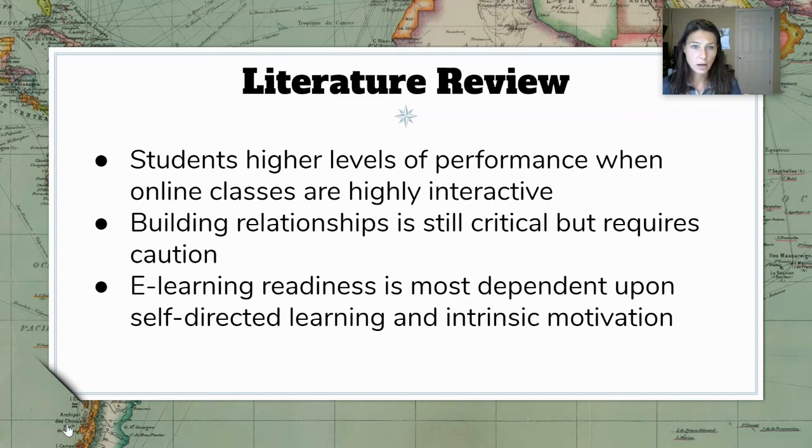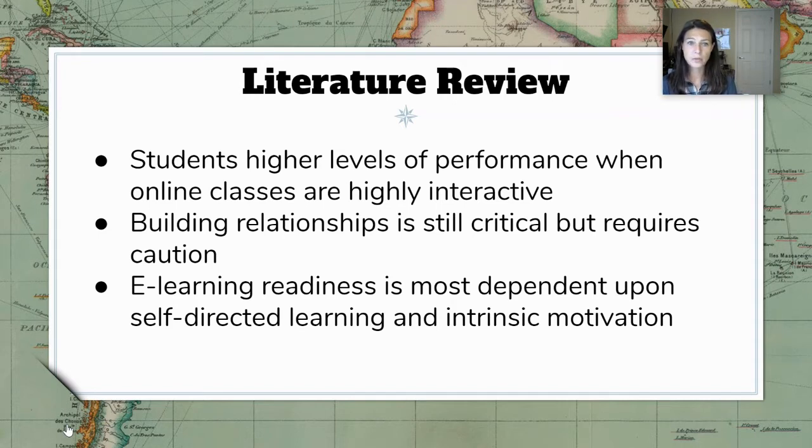The second article talked about building relationships and how that's still really critical to student motivation and engagement, but requires caution because, of course, peer-to-peer relationships are really positive and can be highly motivating, but they can also be a little bit demotivating, especially if there's any sort of online bullying occurring or putting together students that naturally just don't get along. And so it requires a little bit of detective work on the teacher in order to create effective groupings.